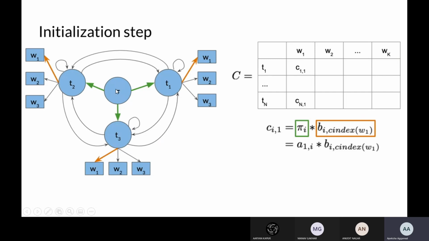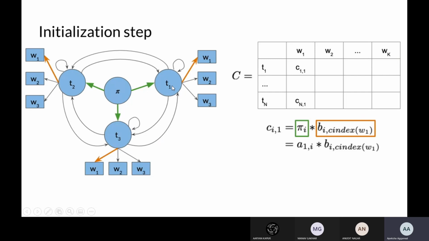I was at the pi initial state, and I want to calculate the word W1. W1 can appear either over here, or over here, or over here. W1 can appear anywhere. I will calculate the probability that W1 appears if I am at tag T1.